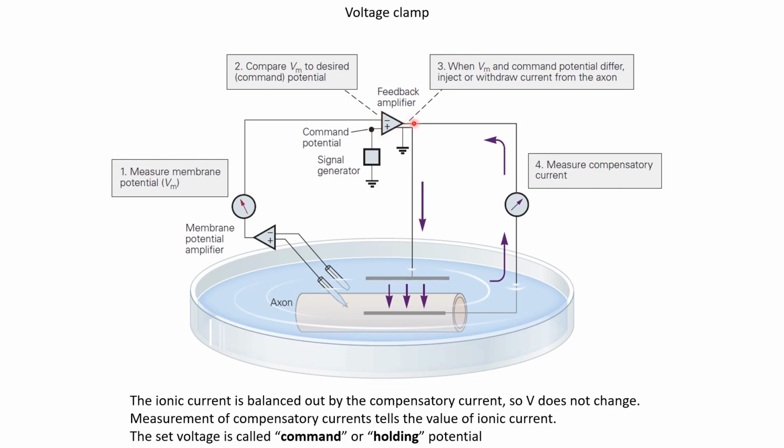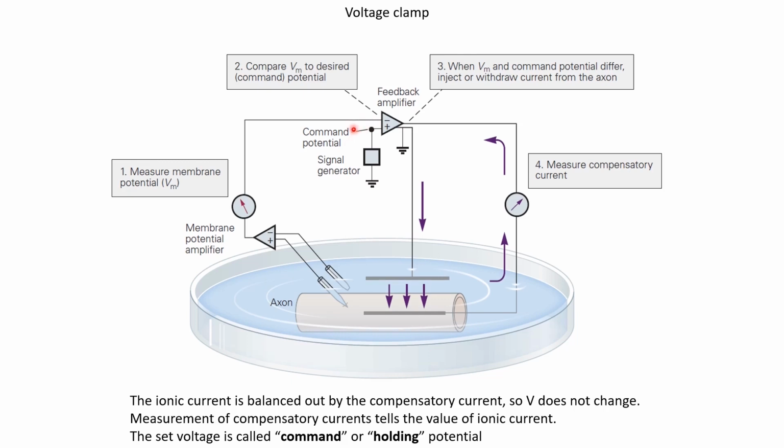So it will result in a very large positive value. And that very large positive value, because it is connected back to the neuron, will quickly make the neuron more positive. So if the neuron was less positive to start with, it will quickly become more positive and reach the same value as the command potential.